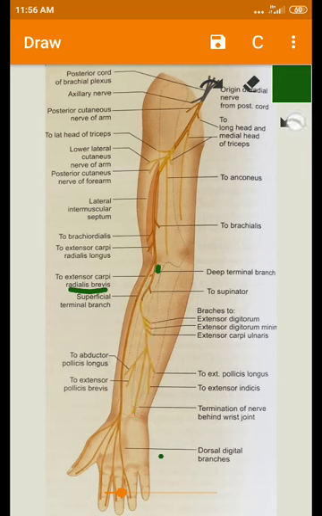Now what are the branches arising from this posterior interosseous nerve? So already we know that before piercing the supinator, it is giving branch to the supinator as well as the extensor carpi radialis brevis.